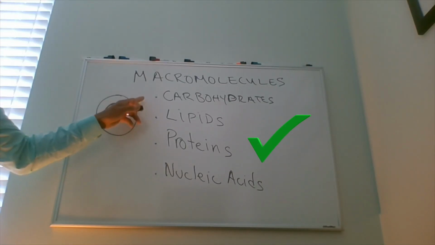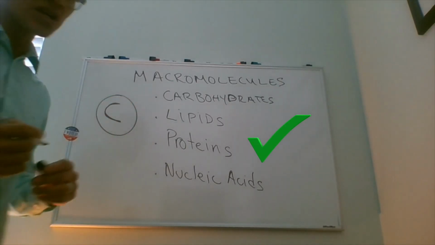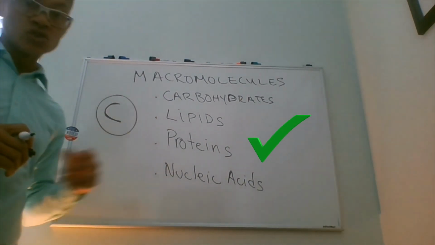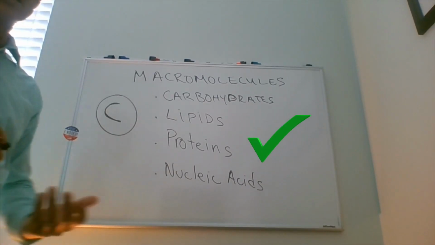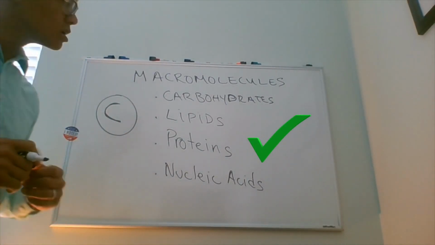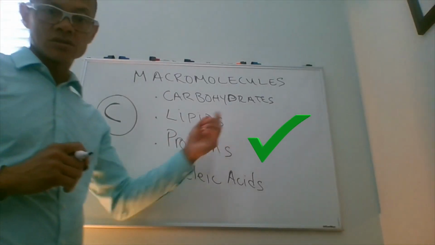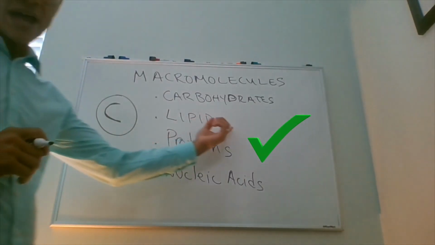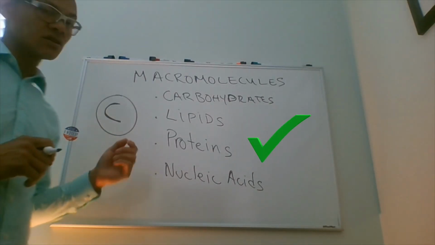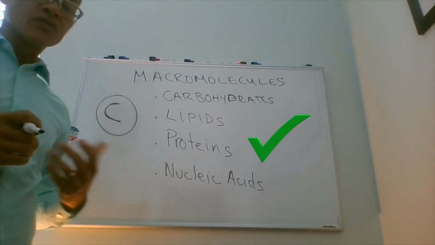Some examples of carbohydrates are simple sugar, the sugar that you put in your coffee, sugar from juice, or candy, for example. Lipids: you're going to have cooking oil, butter, and animal fat. Those are examples of lipids. For proteins, you're going to have multiple of them.